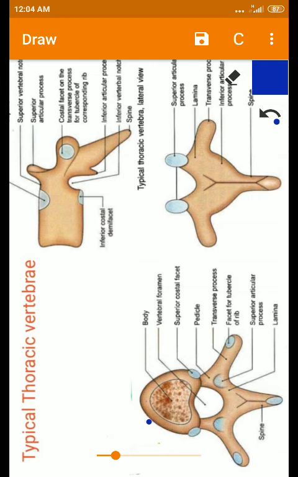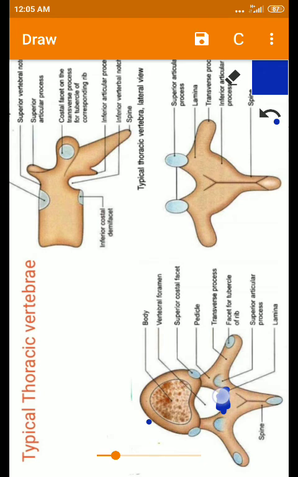So the upper border and the lower part of the anterior surface give attachment to another ligament called ligamentum flavum.